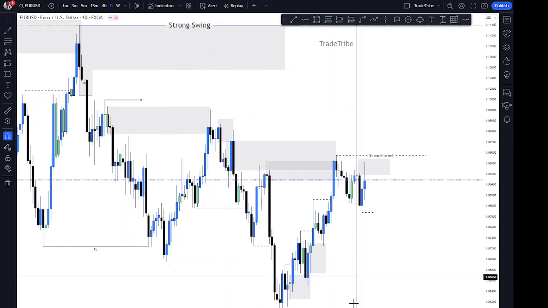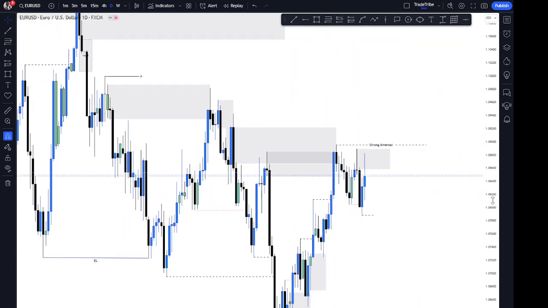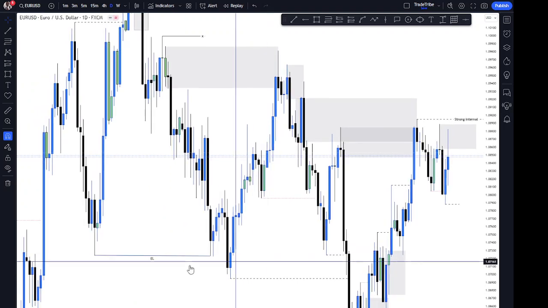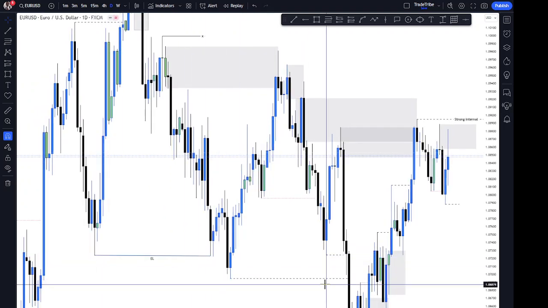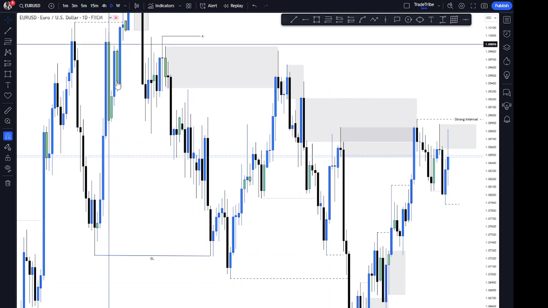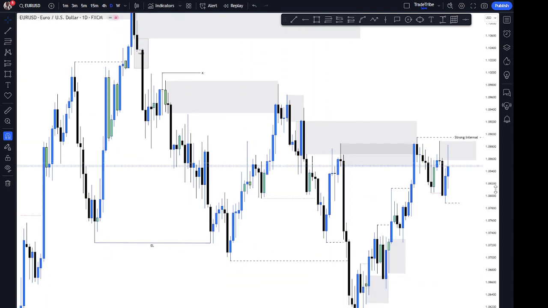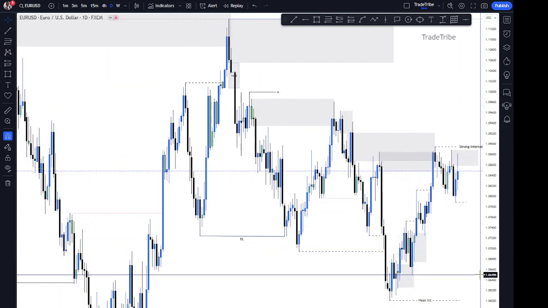Since we had this strong swing here, the weak swing here, and this internal break of structure, the market was now turning to the downside.